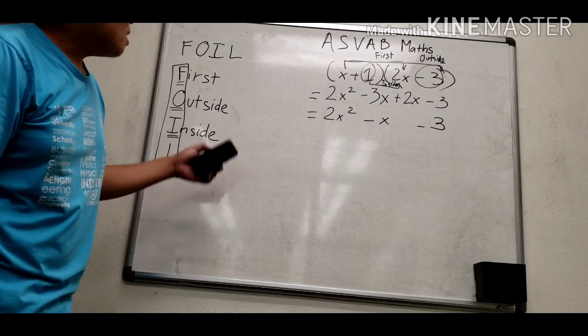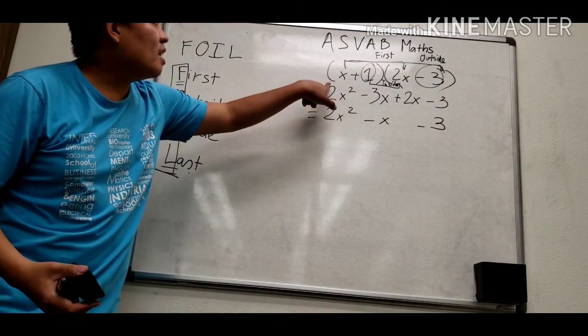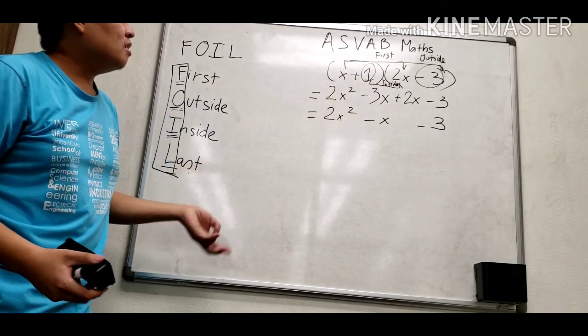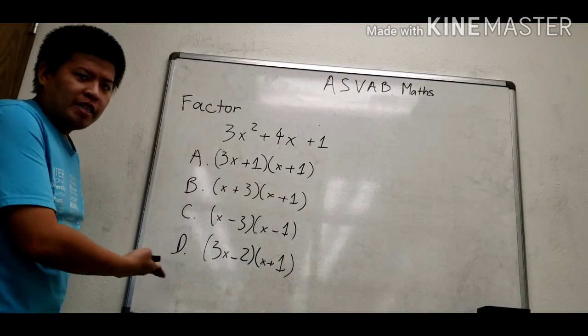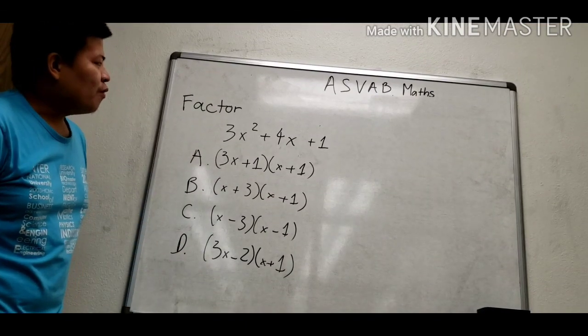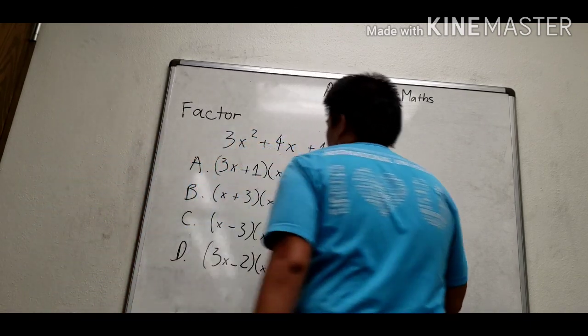So that's the way we do when we multiply two factors in here. So that's the factor. I use a real example of how to do the factor in here. First, we need to do like this.